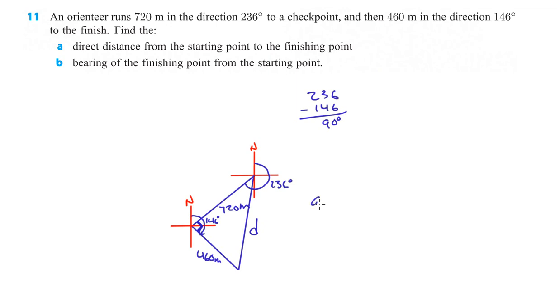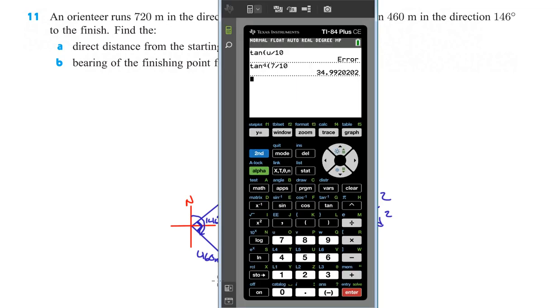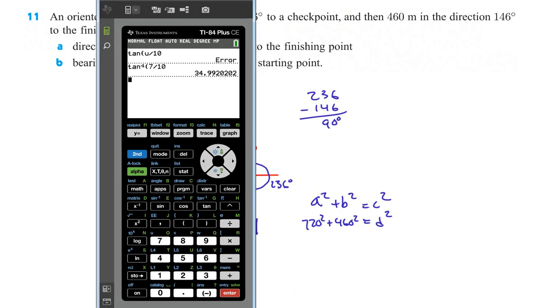So we can do a squared plus b squared equals c squared. In this case, our c is our distance, so we'll do d squared. And then we just choose either of these two for a and b. So we can do 720 squared plus 460 squared equals d squared. Let's do 720 squared plus 460 squared.